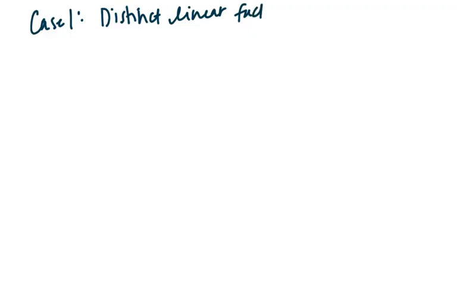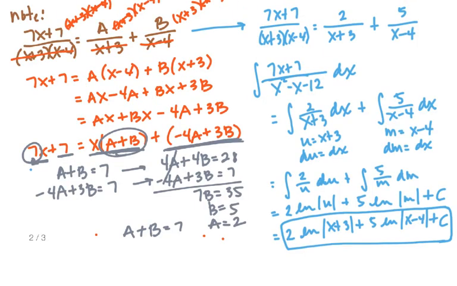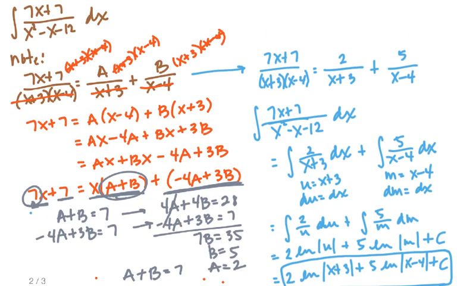So when you look at the partial fraction problem, there are several cases. Your book says there are 4 cases. I say there are 5. So case 1 is distinct linear factors. That's what we did on the last 2, because as you can see, the problem factors into factors that are different and they're linear, mx plus b.